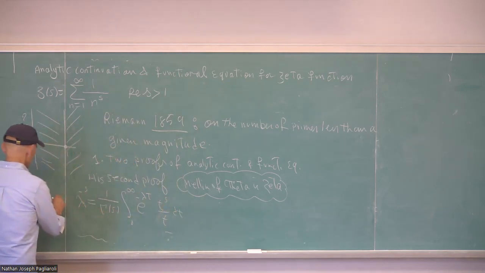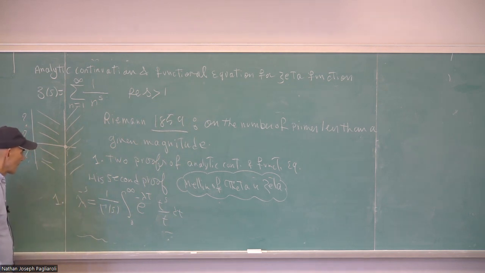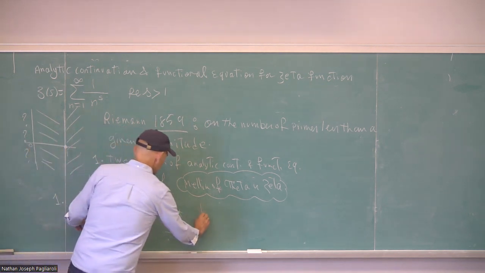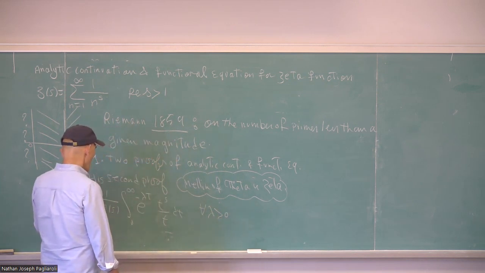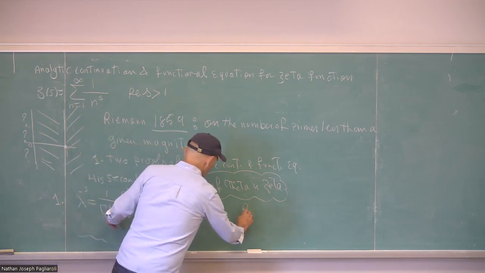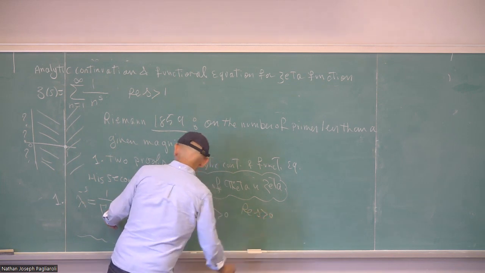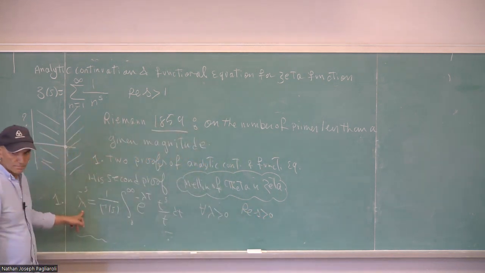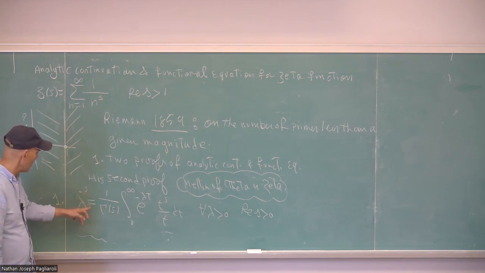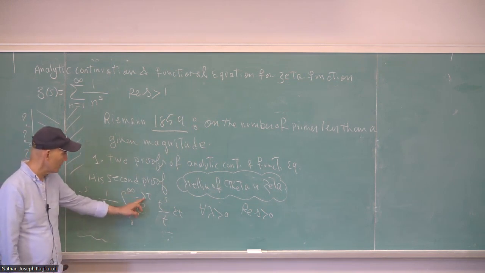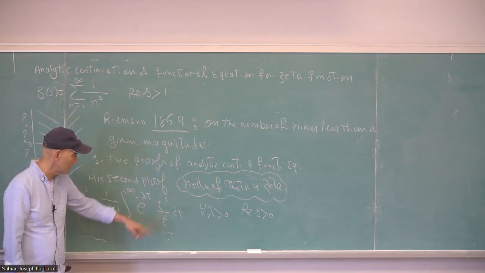This is the first step, for any lambda bigger than 0, and for real part of s bigger than 0. This is the essential thing that I'm going to use.